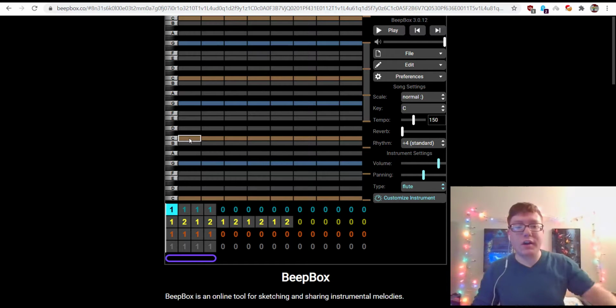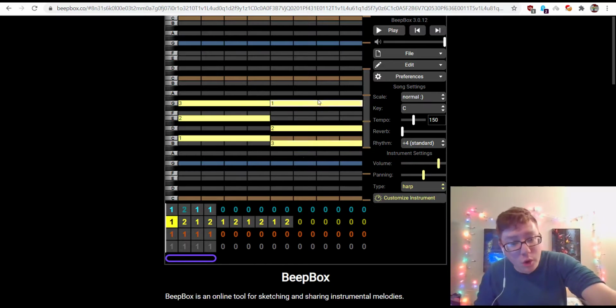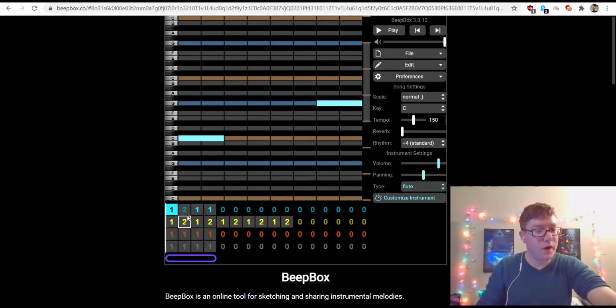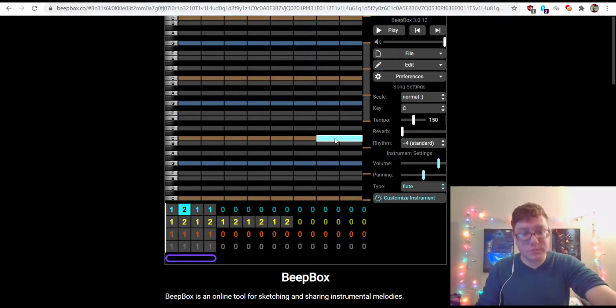Okay, we are writing a simple question and answer phrase right now. Question phrase, we are starting on C. Because of our chord being a 5 chord over there, we want to end it on G. For right now, at least. And then our answer phrase is going to end on the note C. In the middle of that, I can do whatever I want.